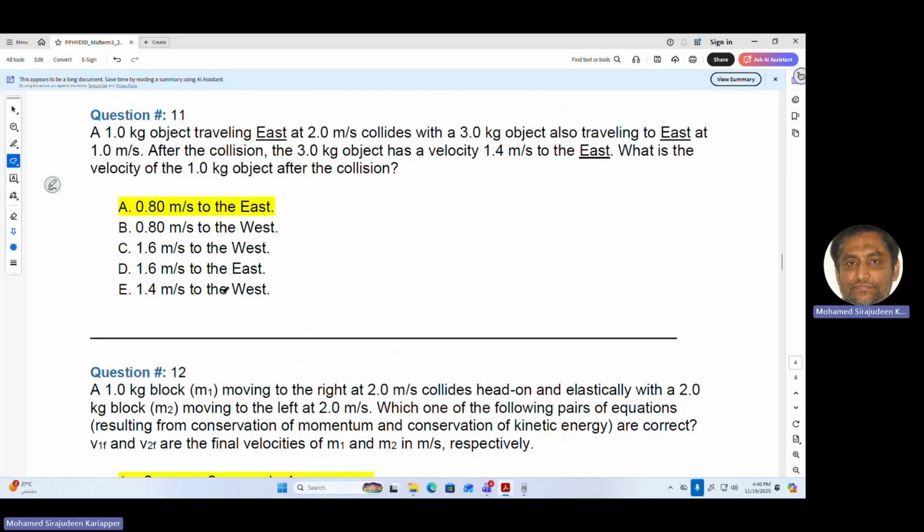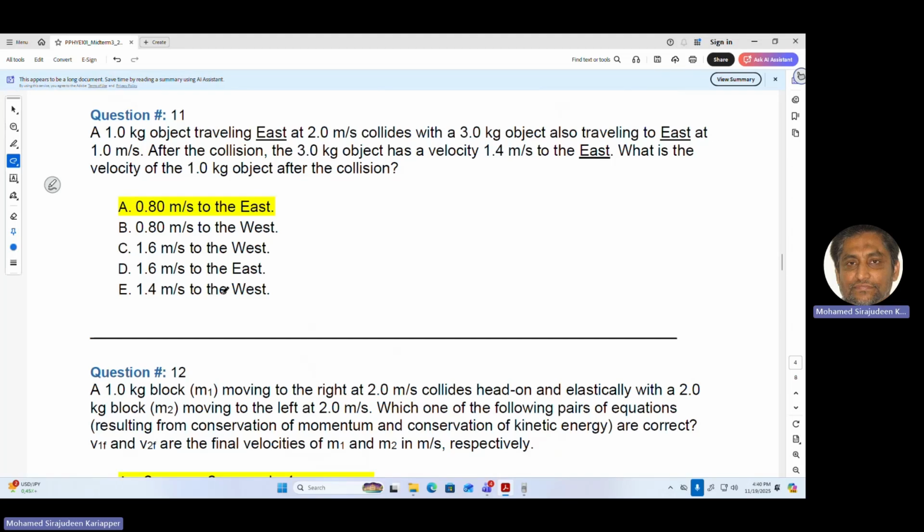Elastic means kinetic energy is conserved. How do you know the kinetic energy is conserved? Does it say anywhere the kinetic energy is conserved? No. So you cannot tell. Because they don't combine doesn't mean they are elastic. If they combine, we know it is inelastic for sure. If they don't combine, it may be elastic or maybe inelastic. We don't know.